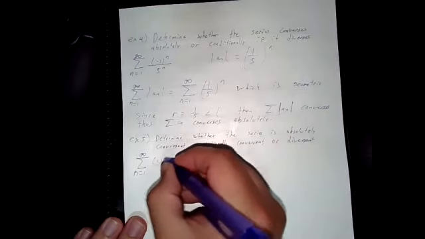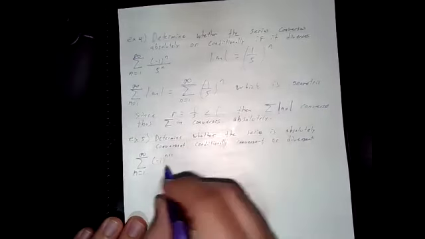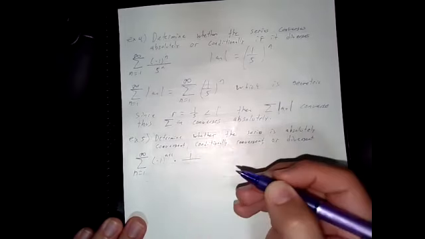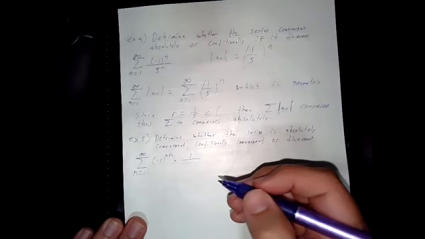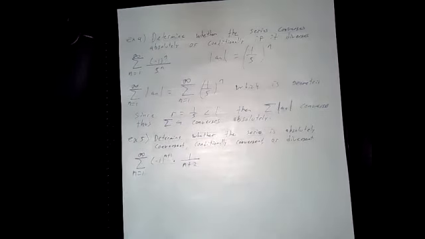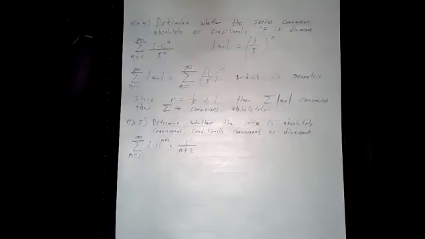So it has the alternating piece, which is the reason why we keep asking about absolute convergence and conditional convergence. If you didn't have this piece, we would just treat it like we normally do, like the other tests.